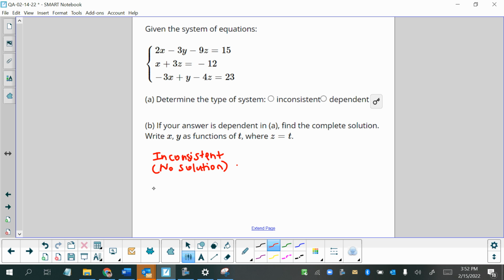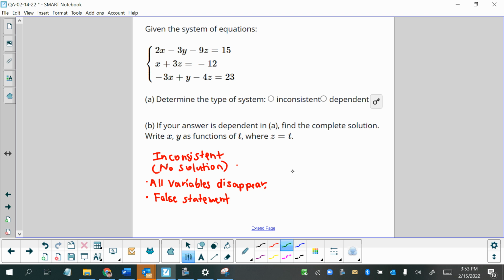And the way we can tell is when we solve, if all the variables cancel out, or I should just say disappear, so all of the variables, the x, the y, and the z are gone, and then we have a false statement with numbers that are not equal to each other.